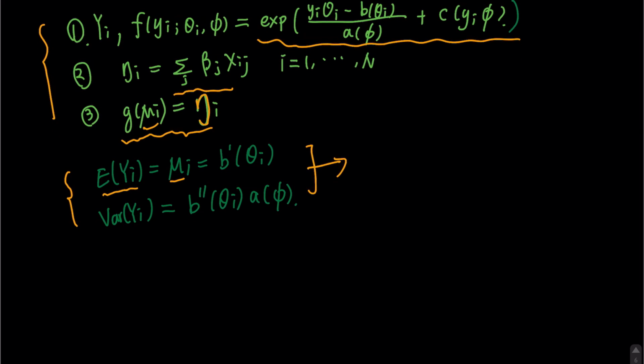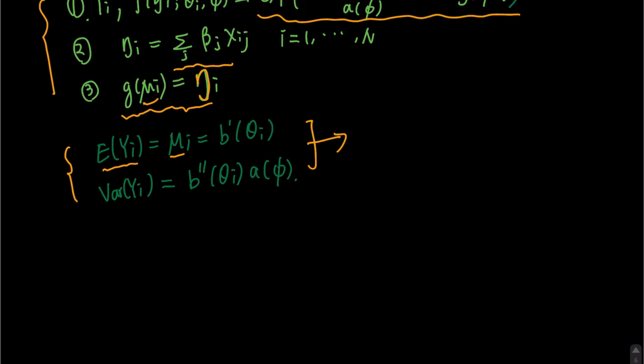Okay, so let's start with today's topic. We are interested in estimating beta, and we will use the maximum likelihood method. If we write out the likelihood as L(beta), we basically want to find the beta that maximizes this likelihood. And we know that the total log likelihood is equal to the sum of each individual log likelihood, meaning the log likelihood for each observation.